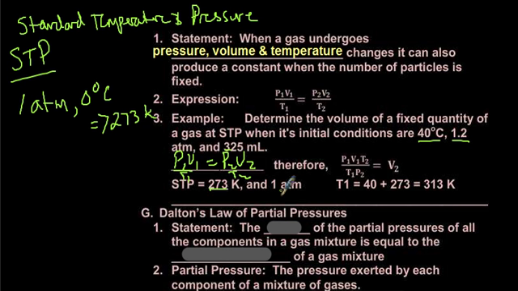STP means this temperature and that pressure. Our T1 of 40 degrees Celsius is going to convert to 313 Kelvin.